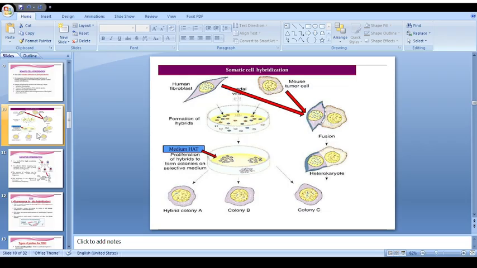Then these heterokaryotes are placed in the HAT medium, that is hypoxanthine, aminopterin and thymidine medium, in which proliferation of the hybrids forms colonies on the selective medium. So this is the hybrid, where we come across the hybrid colonies A, B as well as C in this case, from which we can select the cells and identify them.